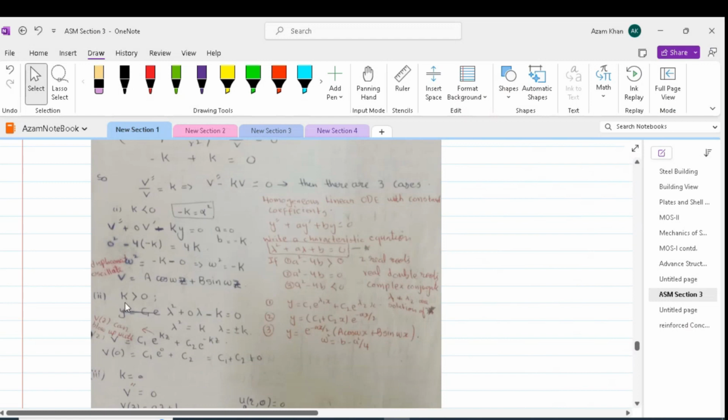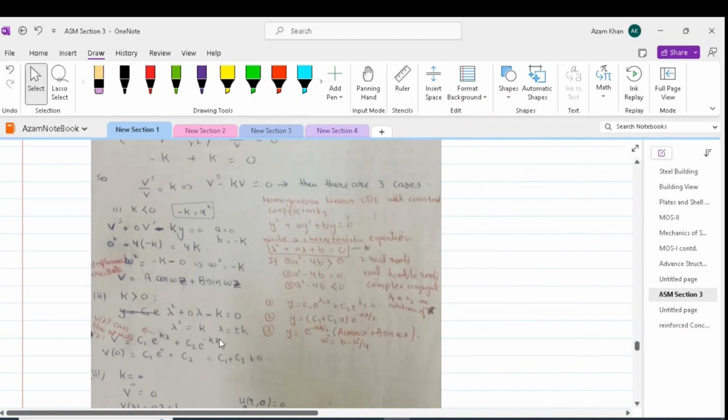Now, in the second case, we can have k greater than 0. And if k is greater than 0, as we said, we can have c1 e power kz plus c2 e power minus kz, the value of function v. Now, in this type of solution, the first thing is that our function, which is e power kz or e power minus kz, is varying exponentially.